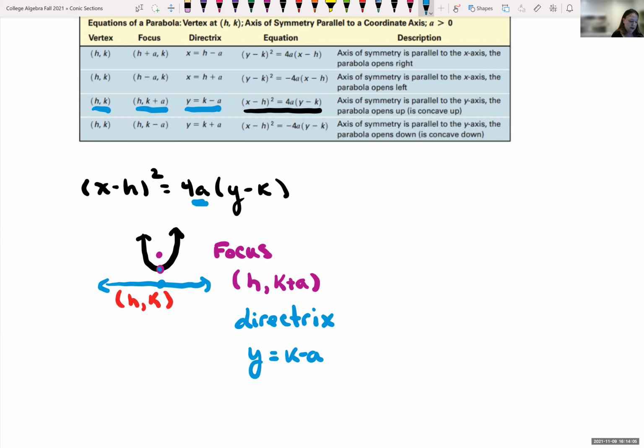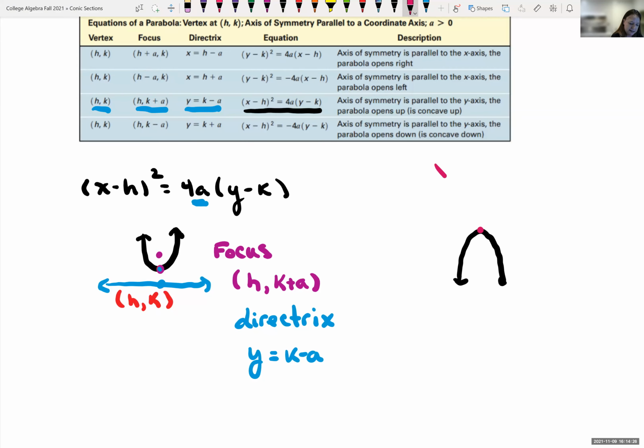So let's look at it going downwards like we've done before. So if we had a parabola facing downwards, we have our vertex here.